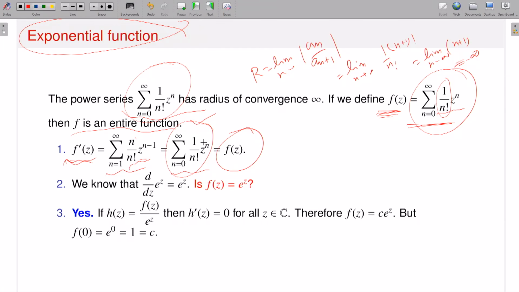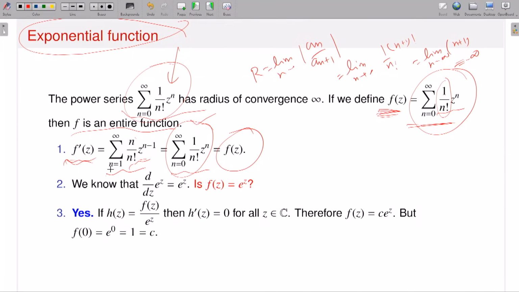So what I observe is, if I start with this kind of power series, 1 by n factorial z to the power n, n from 0 to infinity, the first observation is that the radius of convergence is infinity. That means the sum function f is analytic everywhere in the complex plane, so it is an entire function. Next, since it is analytic, it is infinitely many times differentiable. So if I calculate the first derivative of f, it's nothing but term by term differentiation.